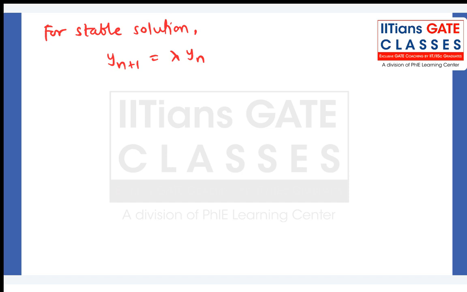The solution at the (n+1)th time step is equal to some amplification factor times the solution at the nth step. Lambda is the amplification factor here. You can use any symbol; sometimes they use capital E. Here we are using lambda, so it doesn't matter. For a stable solution, the modulus of lambda should be less than 1.